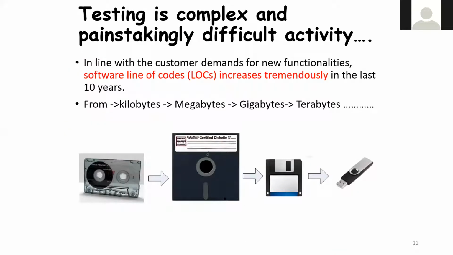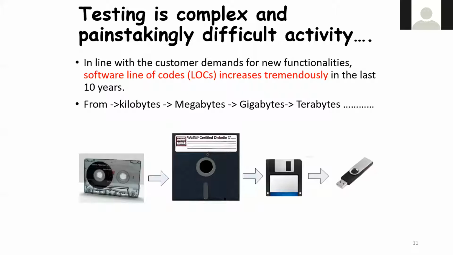Now, regarding testing of software: because testing is the gatekeeper of quality, we have to test software. That is definitely an activity we need to do. However, testing can be a painstakingly difficult activity. Why? Because software lines of code have increased tremendously in the last 10 years. Maybe 10 years ago you had a floppy drive, then disk drives, and now you have pen drives.